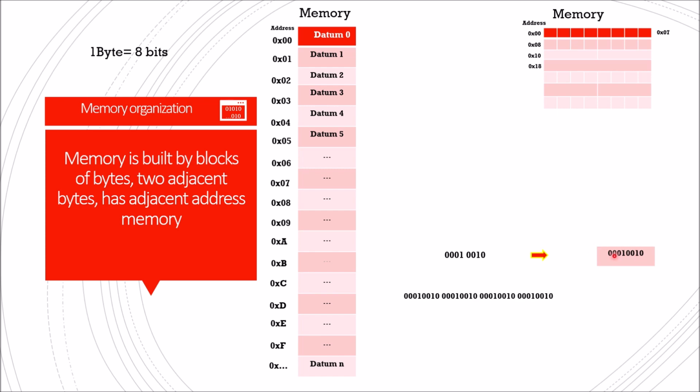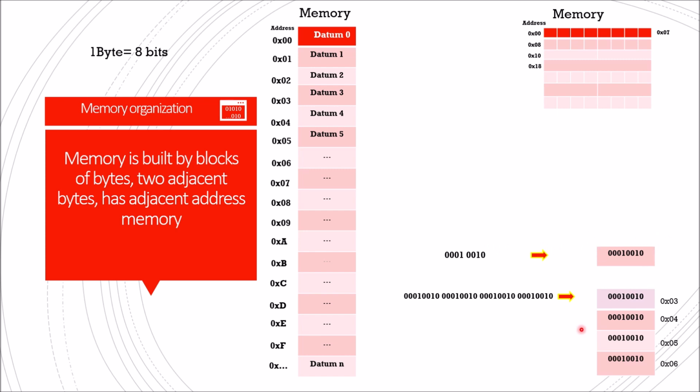However, if I have a 32-bit datum, I will have to make use of these 4 spaces, 4 bytes, because 32 bits are 4 bytes. So for this first one, the address for this datum is going to be this one that is here. It's not specified, but you know.